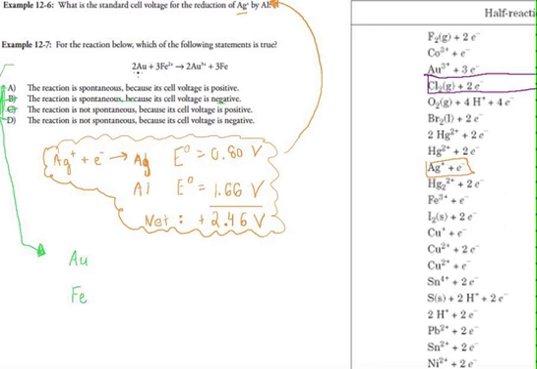Well, it looks to me like gold is losing a good 3 electrons. Remember, OIL, oxidation is loss, right? So this guy's being oxidized, and that would mean iron is being reduced.